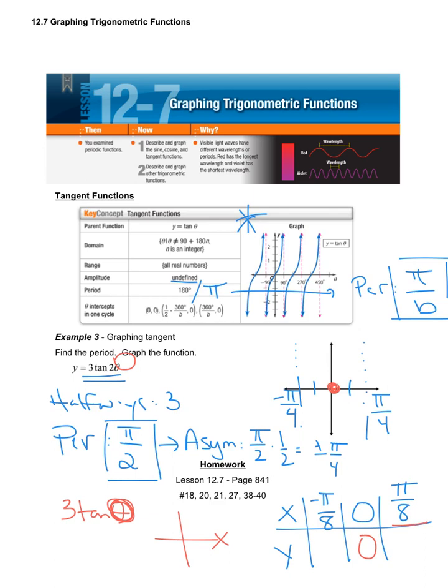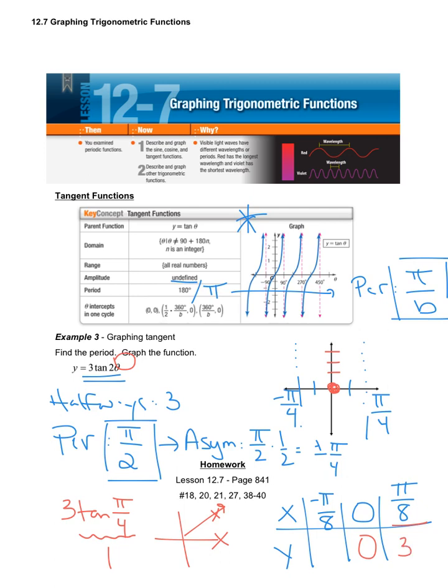Now if I go over to pi eighths, if I plug in pi eighths times 2, pi eighths times 2 is 2 pi eighths, or pi fourths. So if I were to rotate up to pi fourths, you'll see your tangent value there is 1. 1 times 3 is 3.